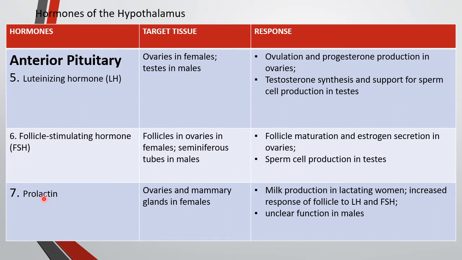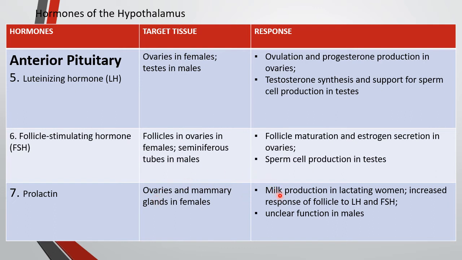The seventh hormone here is your prolactin. Like I mentioned earlier, yung prolactin would have an effect on the milk. That is for milk production. So, yung effect niya sa mammary glands and ovaries. Yan yung kanyang target tissues.